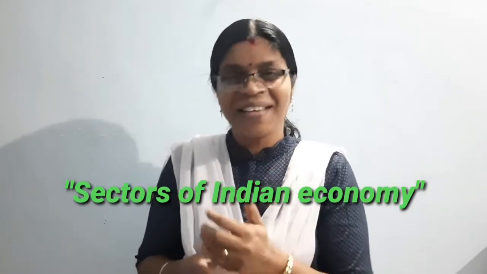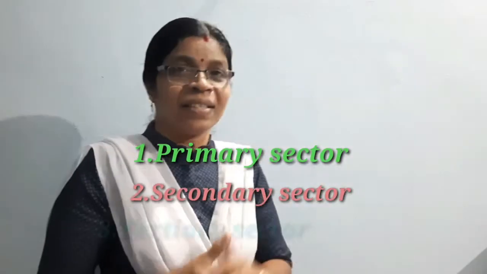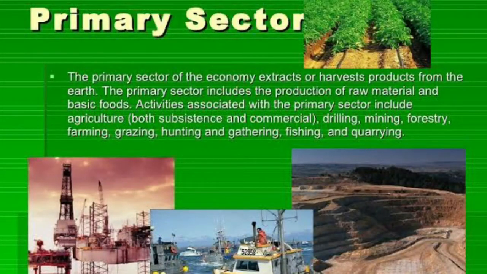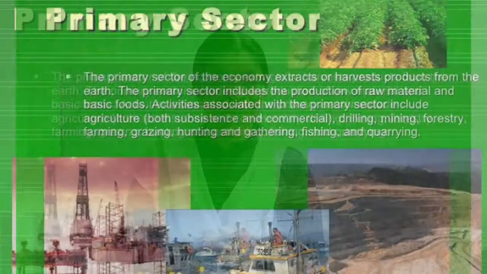Sectors of Indian economy. There are mainly three economic sectors: primary sector, secondary sector and tertiary sector. First of all, we can discuss the primary sector. What is the primary sector? Any activities that are undertaken directly by using natural resources.